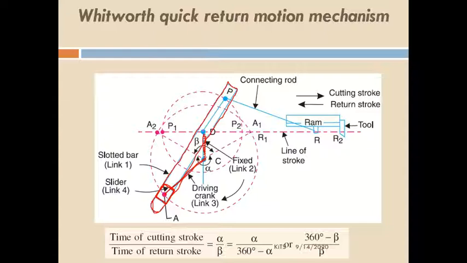This middle portion of the slotted bar is fixed on the fixed link CD. Sorry, the middle portion of the slotted bar is hinged, not fixed. It is hinged on point D, where CD is the fixed link.